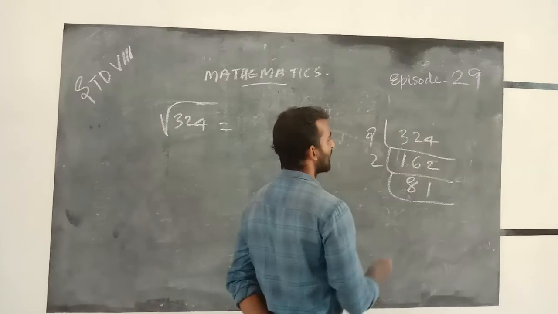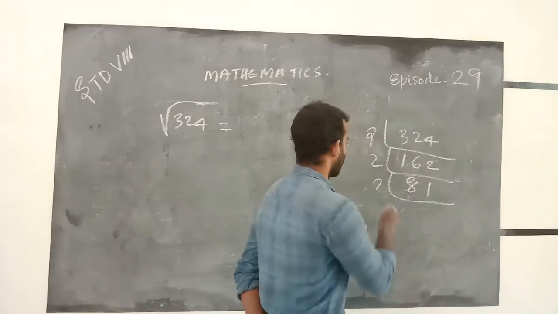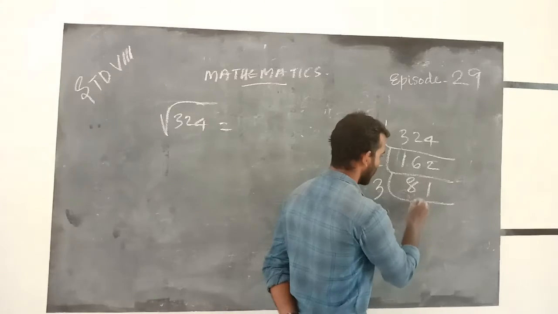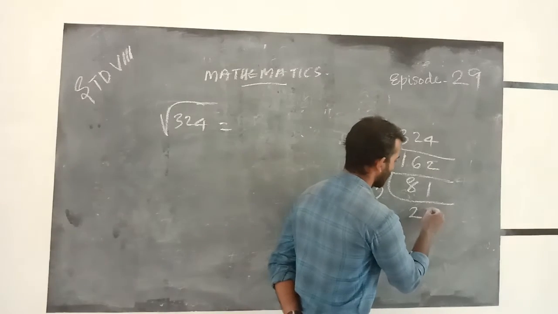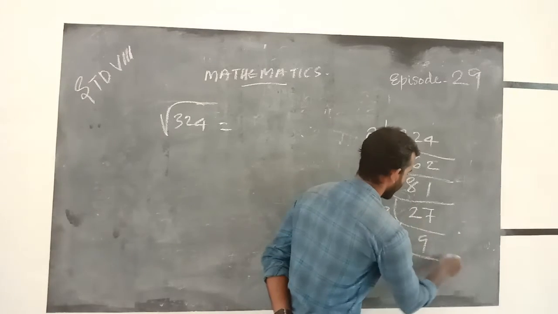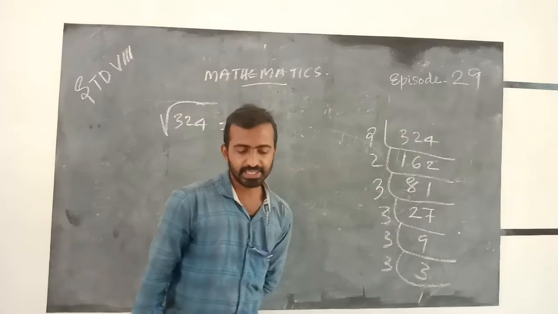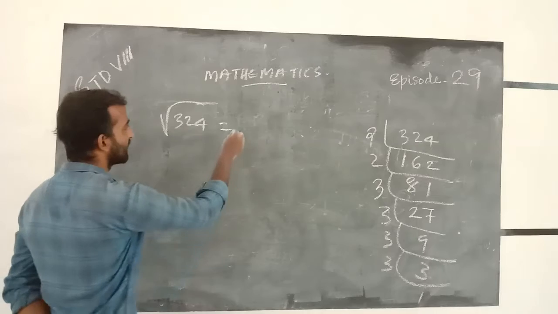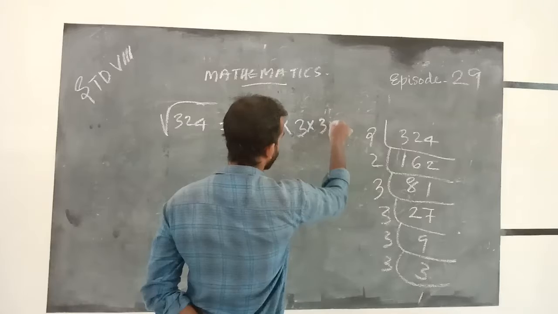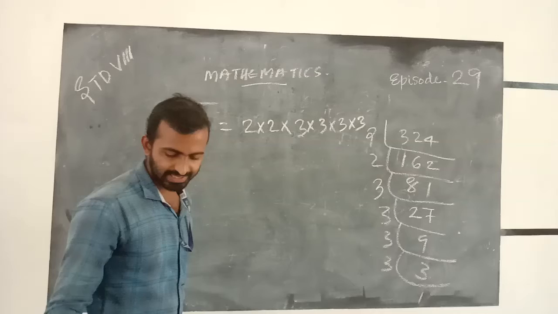Next, is it divisible by 2? No. 3 is a prime number, so we get 27, and 3 again. We can write it as 2 into 2 into 3 into 3 into 3 into 3.